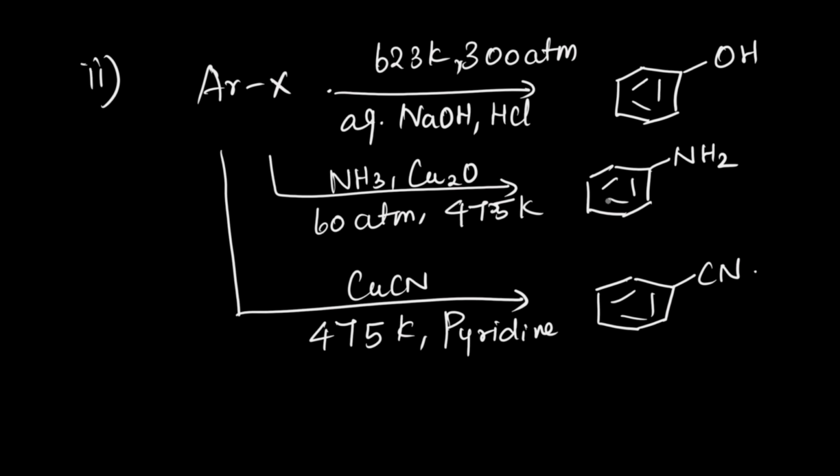The presence of electron withdrawing groups such as nitro, cyano at ortho position or para position will increase these nucleophilic substitutions, as we told earlier. But if you are using the drastic conditions of high temperature and pressure also, you can achieve it.